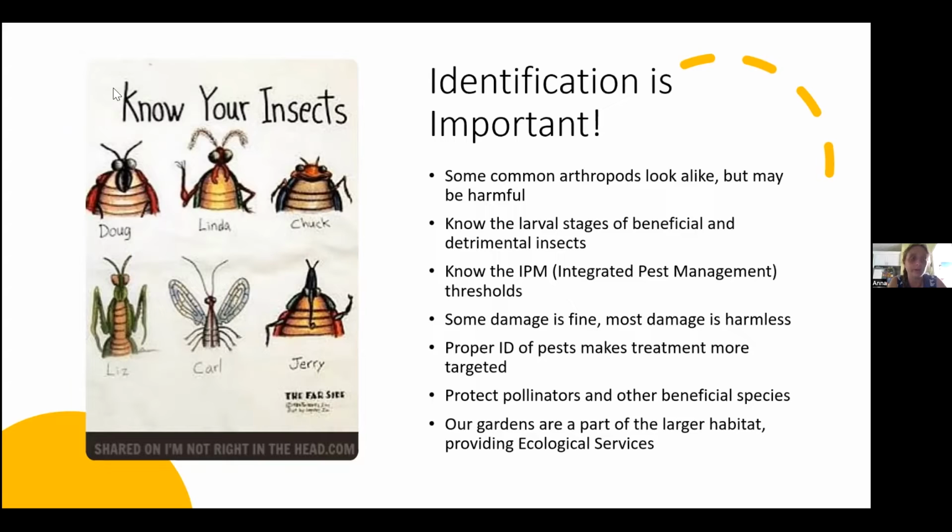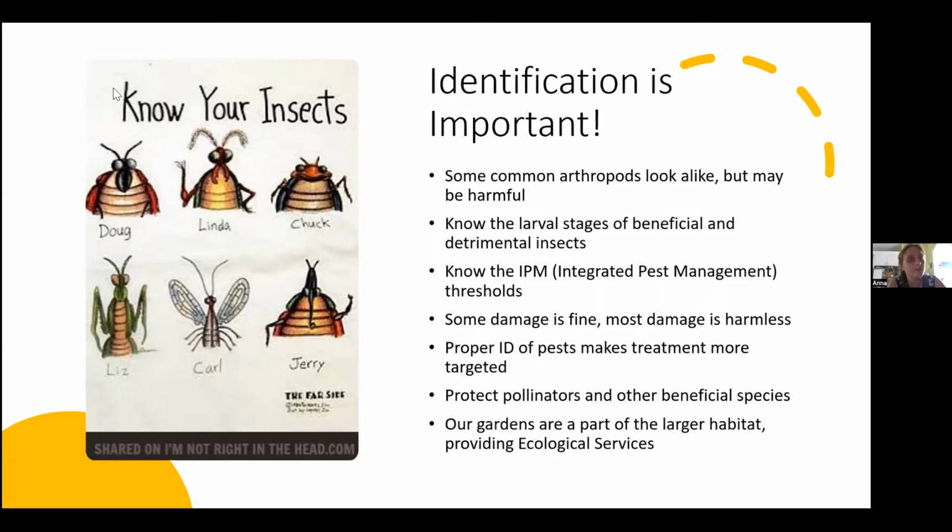So knowing the insect that you're looking at, knowing the life stage of that insect, or even the basic genus or what family or order it belongs to, has a lot to do with what mode of action is most effective to control that insect pest. So when it comes to pest control, knowing what you're dealing with is extremely important, so you don't waste product. You don't spray something that isn't going to work in the first place, and you don't waste money too, because a lot of these products have gone up in price considerably.